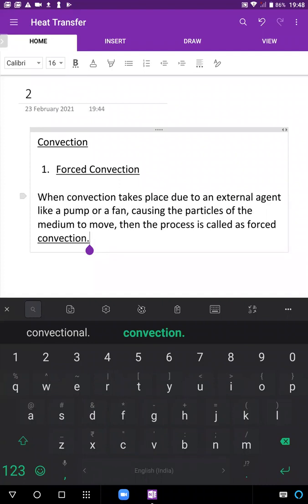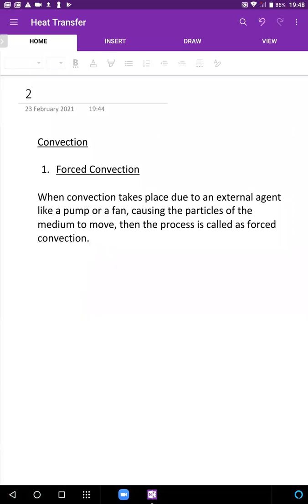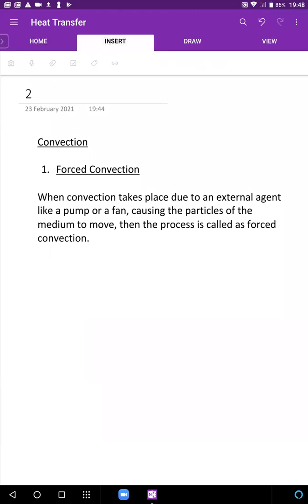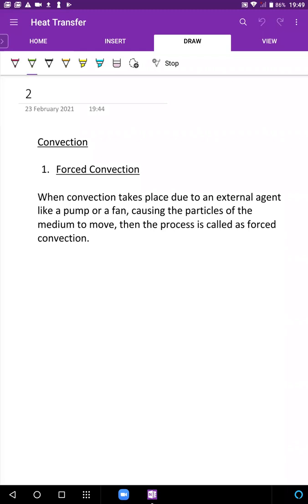Sometimes there is a fan which makes the particles of a gas move from the hot end to the cold end. For instance, in any machinery, maybe even in your laptop or computer, you may have some parts which get heated up.